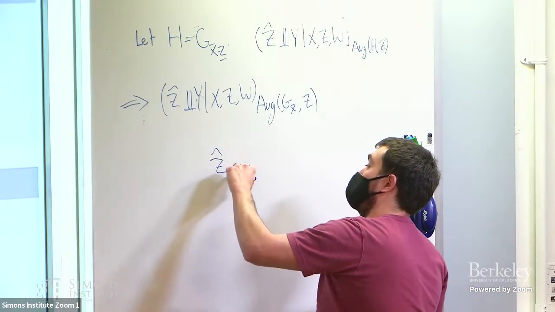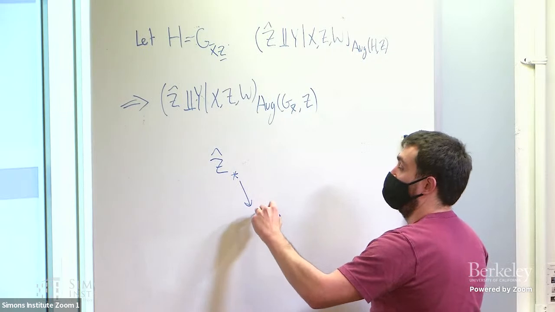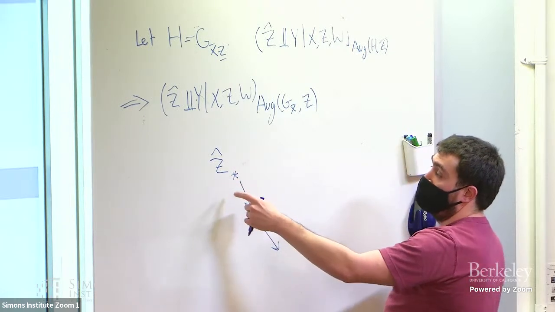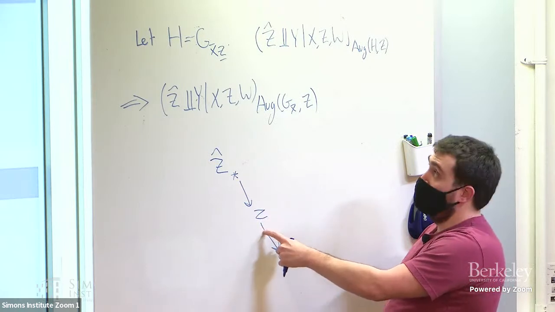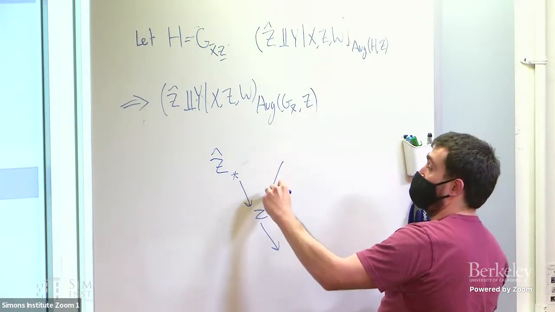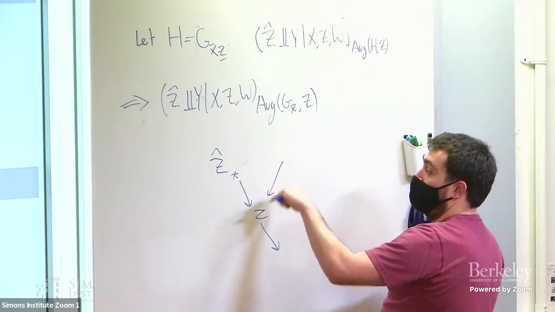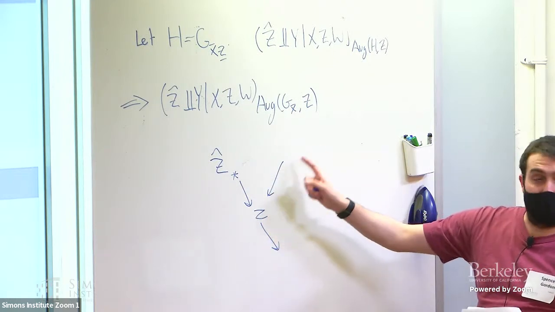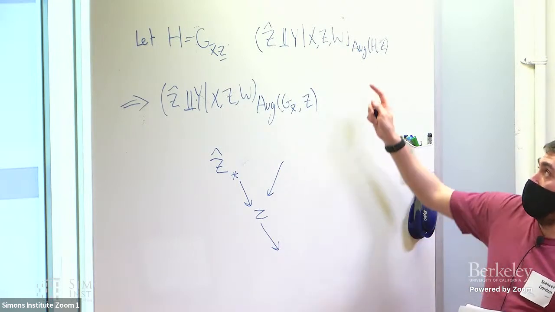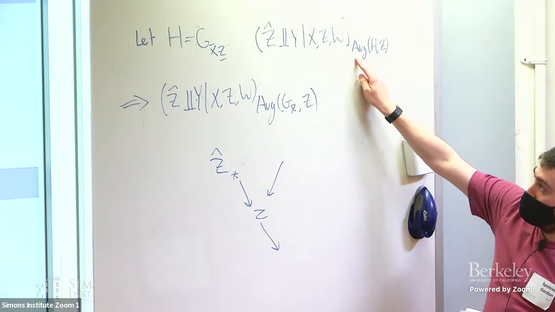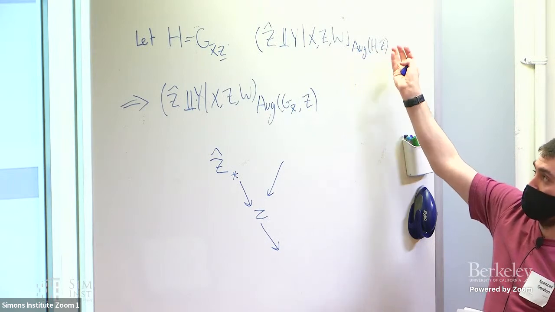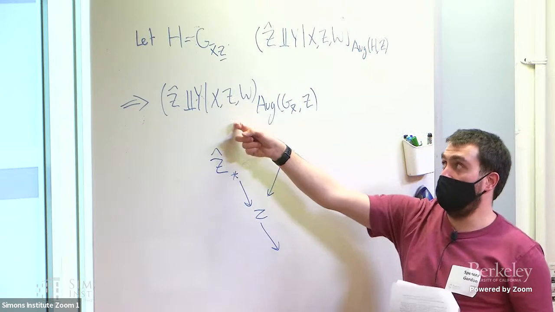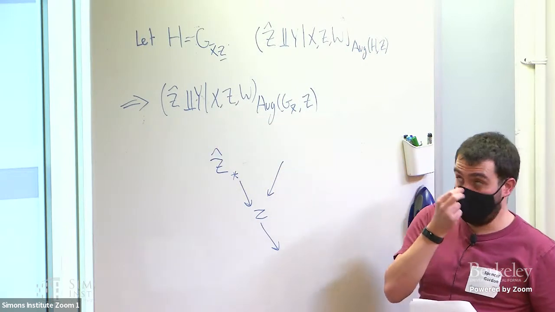There are Z hat paths that go into Z and then continue down. And these are blocked by conditioning on Z. And then this condition establishes that we've blocked the other paths that use Z as a collider. So once we know that these are blocked, we also get to conclude the stronger thing that these paths are blocked in the graph where we haven't removed all these children of Z.